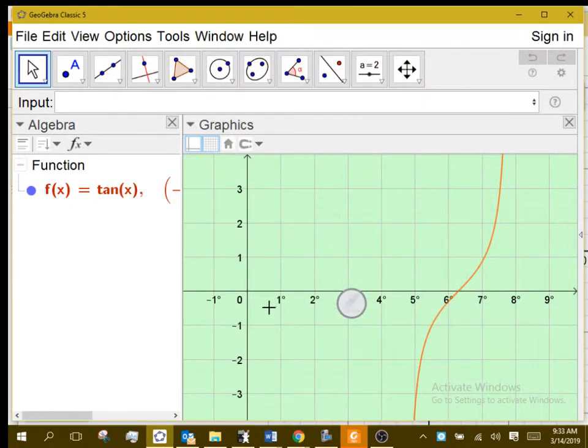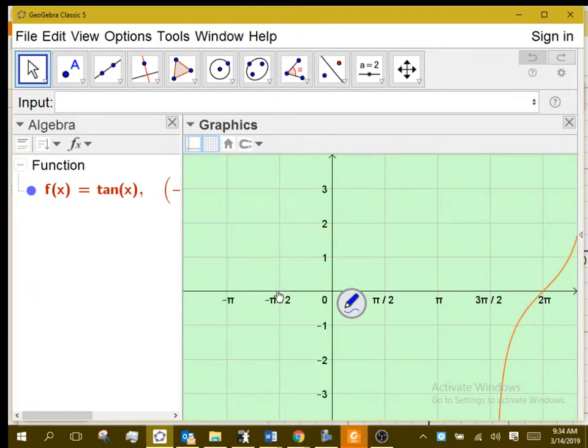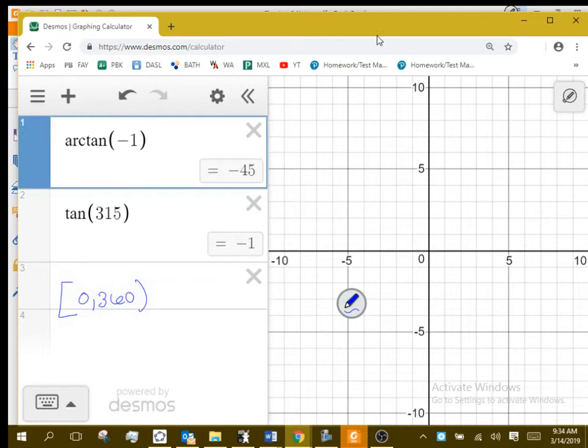If I could change this to degrees, my x-axis in degrees, obviously I just put the symbol there. It's not really degrees, right? This spot here would be 360 degrees. Right there would be 315, which is exactly what we were seeing there in degrees. I vaguely remember being able to transfer my x-axis into degrees, but I think it was a process. But that's kind of what we'd be doing with those things.